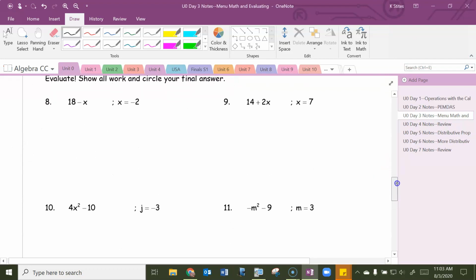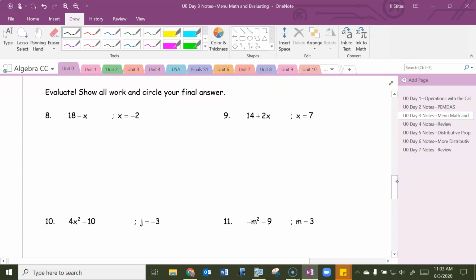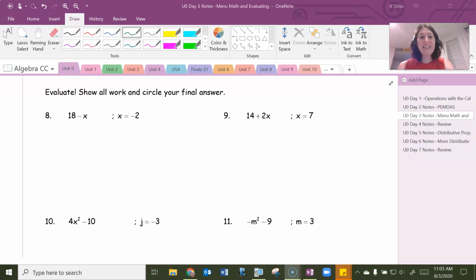All right, so the final thing we're going to do is evaluate, but we no longer have the context of a menu. That context was there to help you get used to this idea of substituting a number in place of a letter. So what we have now is just this 18 minus x. And what you're being told is that x is -2.